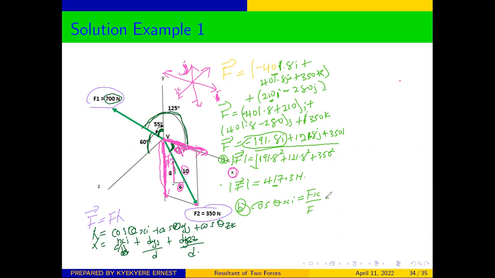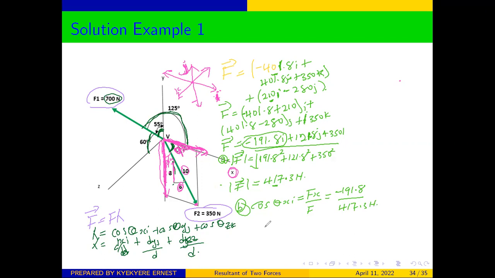So from here we can state that our cos theta x will be equal to negative 191.8 over the magnitude of our force, which is 417.3 newtons.